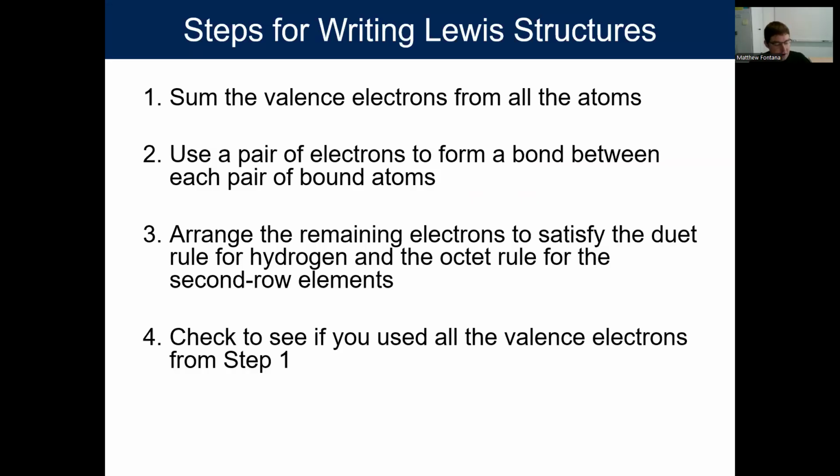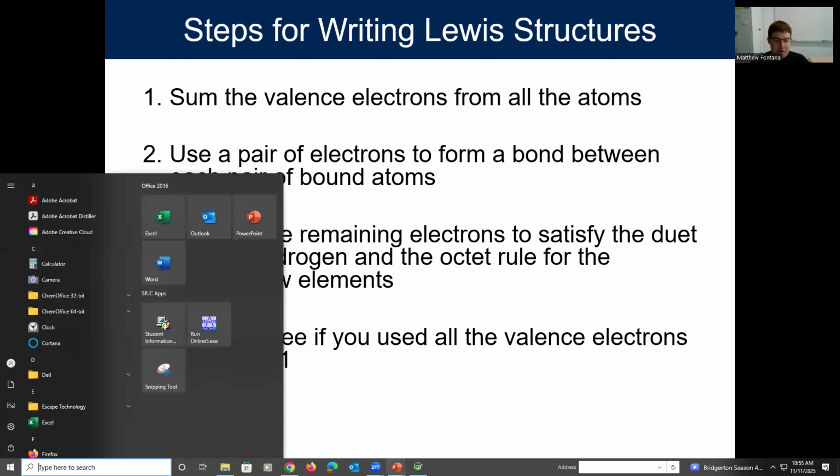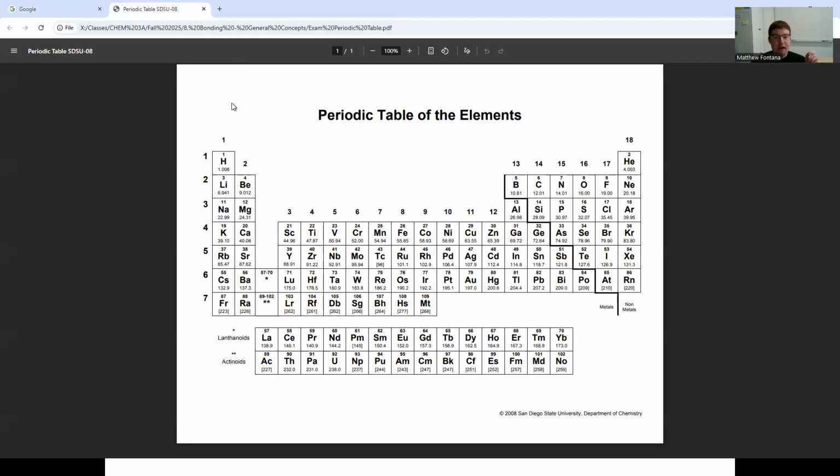The question is, how do we know the number of valence electrons for each atom? If you go to the periodic table, you can notice that hydrogen is in the first column, so it has one valence electron. Anything in this column has one valence electron. Anything in this column has two valence electrons. We skip over here and go to the third column.